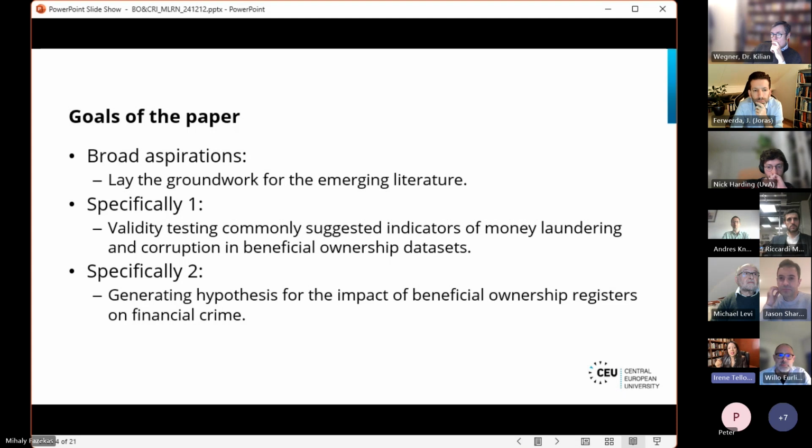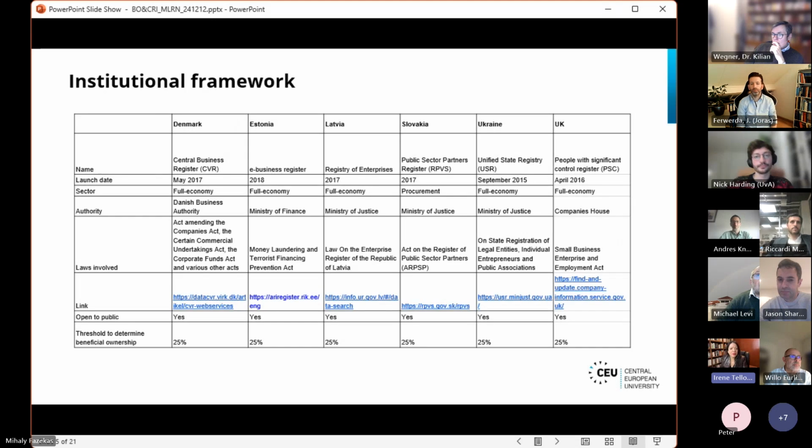And we also empirically tested these indicators to see if they correlate with another validated indicator of corruption in public procurement that Mishi is going to explain. So we are doing two types of validation to understand if the quality of the beneficial ownership data sets can be used to detect corruption risks in a more general pattern. We want to understand the impact that this transparency policy has, not only on the crimes themselves, but how we can use this data to identify corruption risks and money laundering risks.